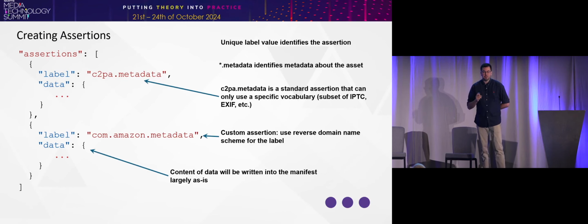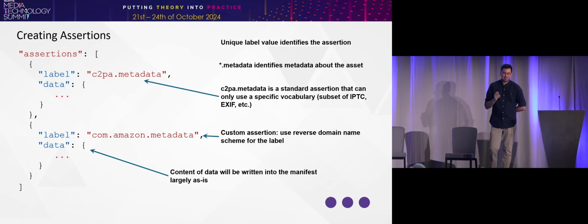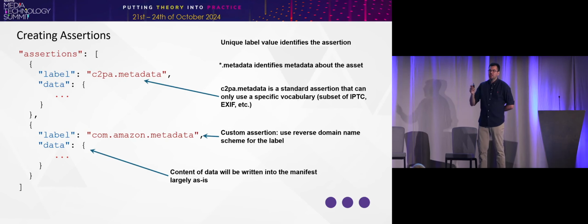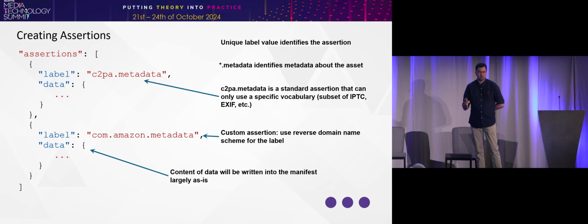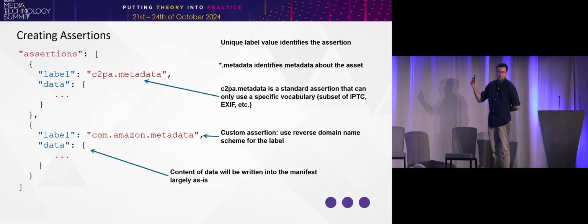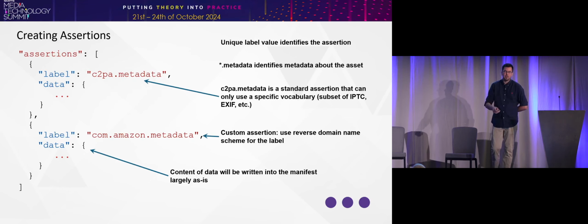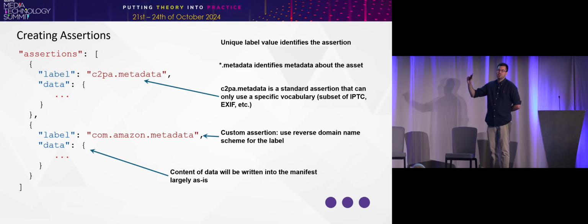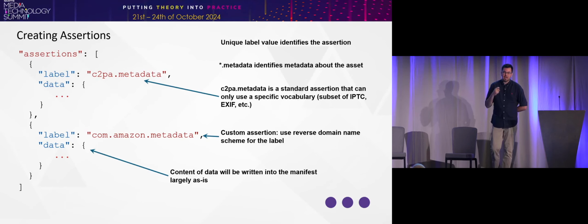Now, C2PA does have a standard that typically starts in your assertions with the label C2PA dot the element you're trying to illustrate here. So here's an example, and it's a subset of IPTC, all those other standards or vocabulary. It starts with the label, and then you specify the data. However, it's important to remember that you can actually introduce custom assertions too.